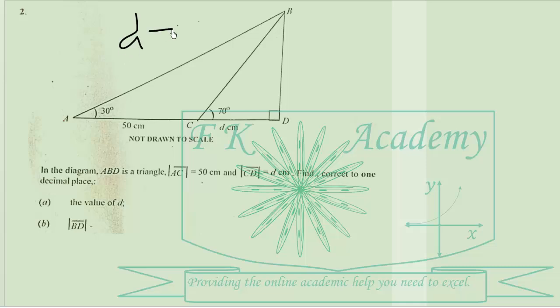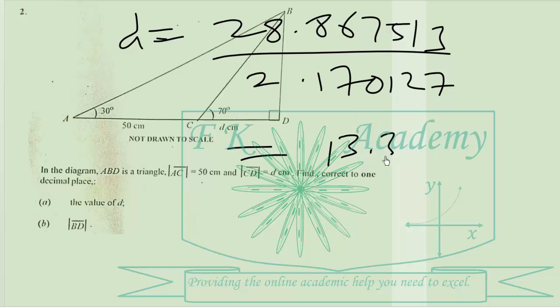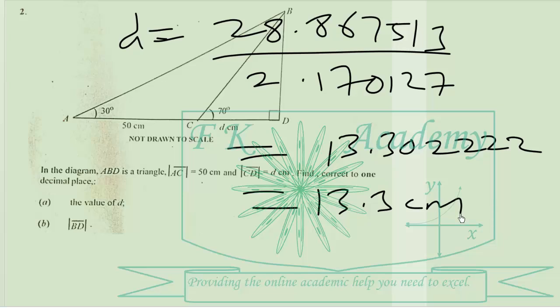So D is equal to 28.867513 all over 2.170127, and this is giving us 13.302222. And when we round this to one decimal place, we get 13.3 centimeters.